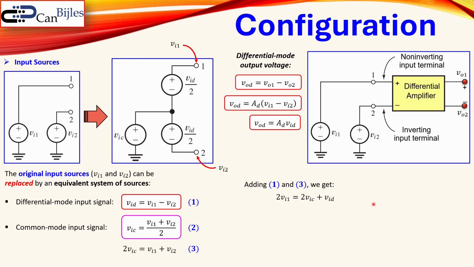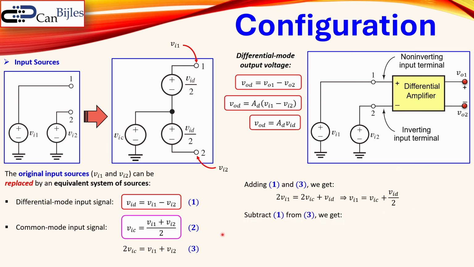Now if I divide by 2, I get this expression for VI1, which is VIC plus VID over 2, which is exactly here. So you see from here to ground, you measure VID over 2 plus the common mode input voltage, which is shown here. So this transformation is again proven by this expression using the equations here.